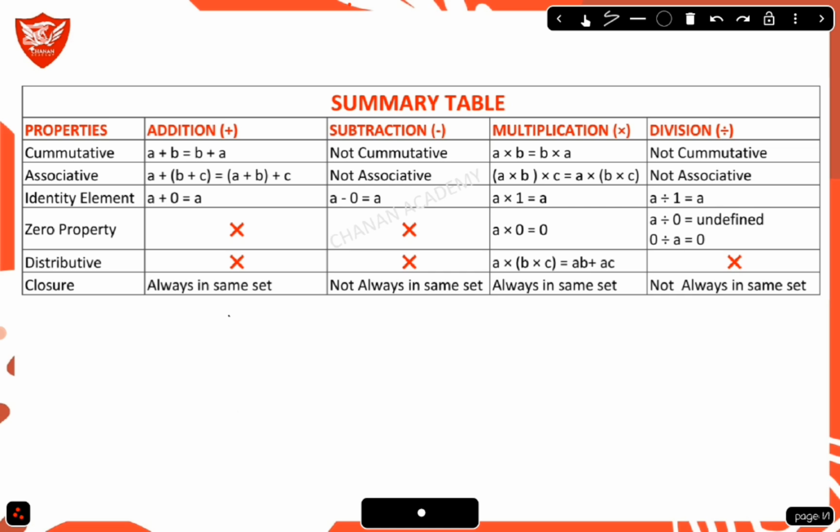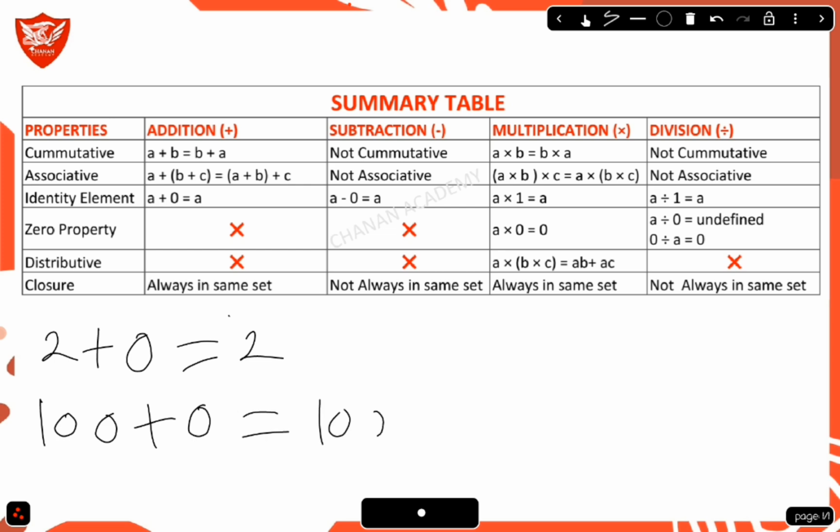Let me make it simpler. 2 plus 0, the result will still be 2. If you have 100 plus 0, the result remains 100. Any operation under addition with 0 will give you that same element.